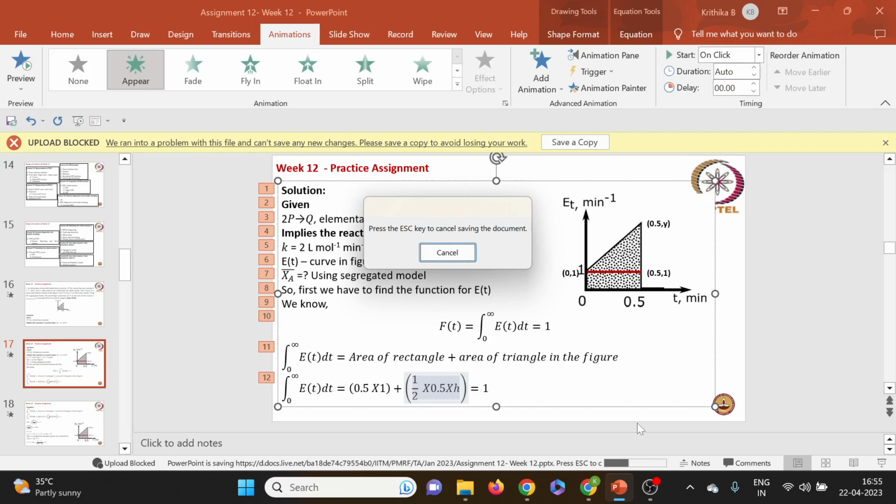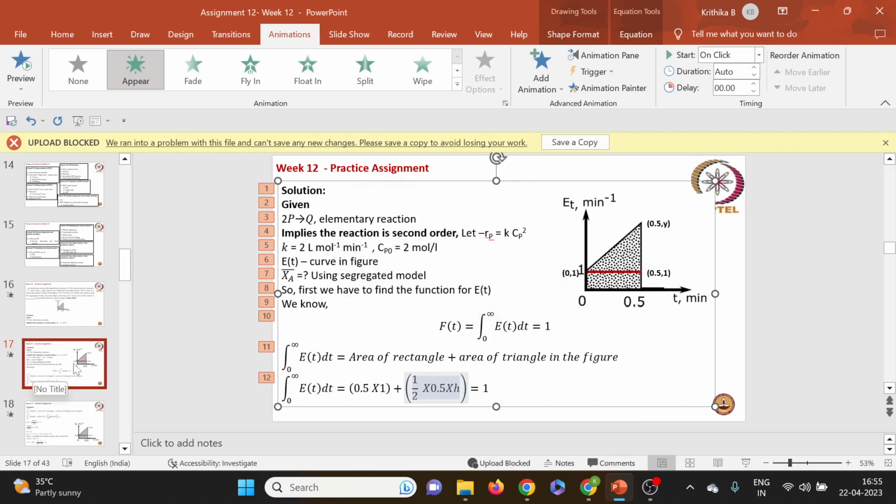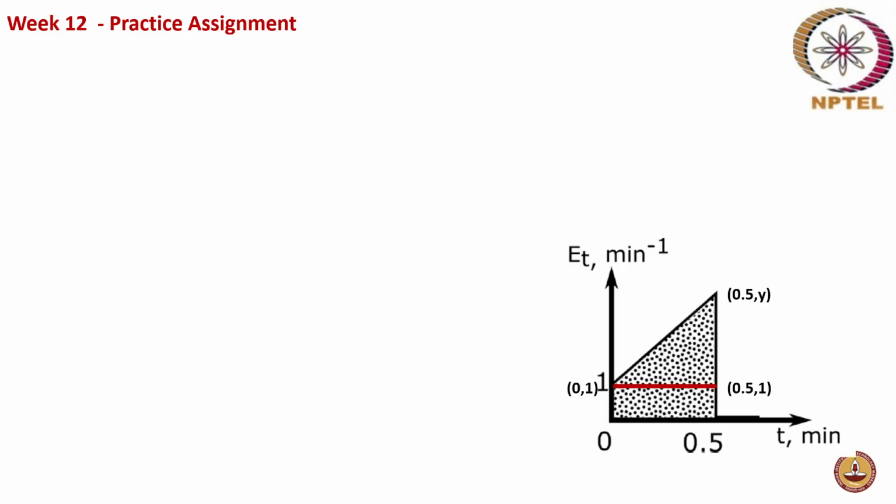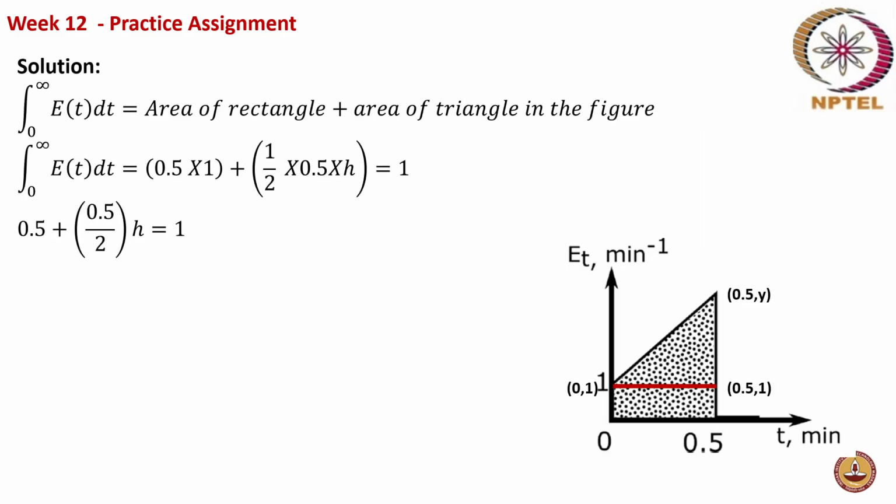We have all the other terms, so with the values of all the other terms, we can find that h, the height of this triangle portion, is 2.